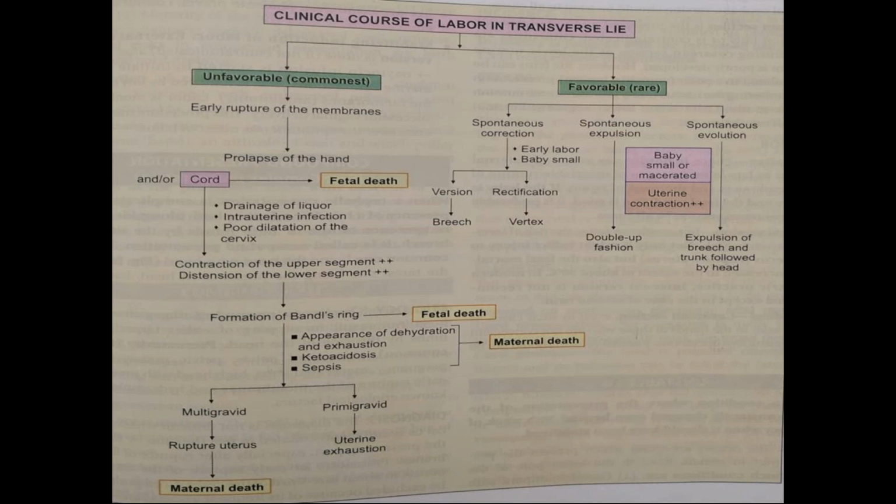Dorso-posterior means the back is towards the vertebral column and the abdomen is accessible to us. In such cases, they used to do evisceration, that means split open the abdomen and remove all the viscera. They are all very ghastly. Even if you think of it, you get nauseated. So we are not doing all those destructive surgeries nowadays.